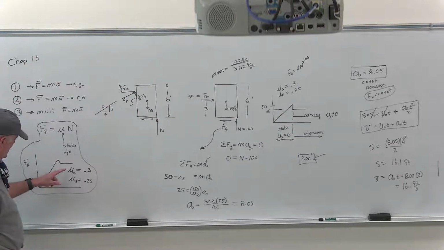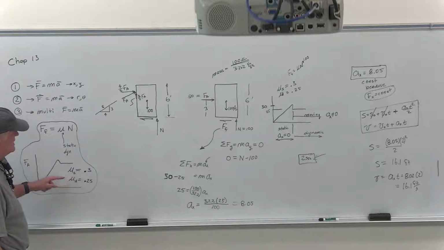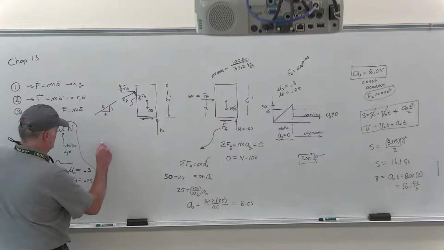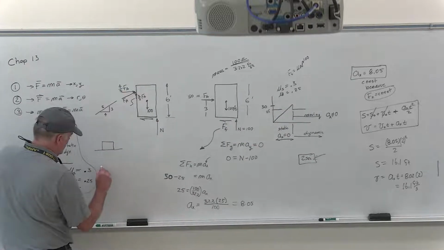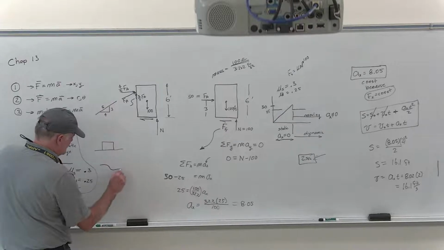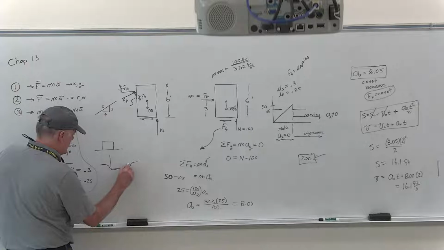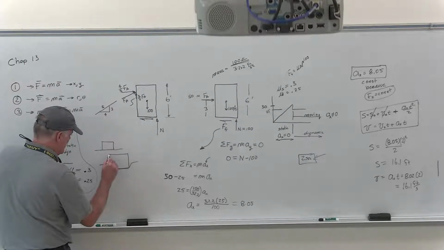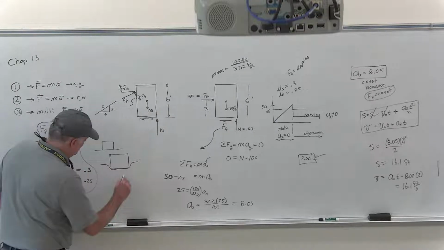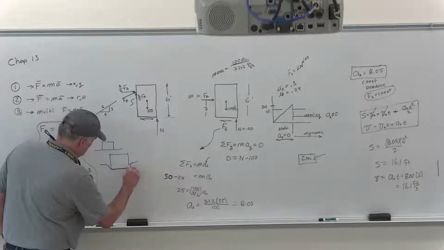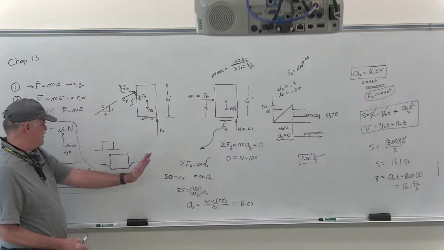A lot of the problems in the book, he may give you the same value for these two. If it's a piece of metal against a piece of wood, then the wood's not going to divot down like carpet would. With a piece of carpet, it kind of pushes it down, which is an extreme case, so you have to overcome laying the carpet fibers over to get it moving.